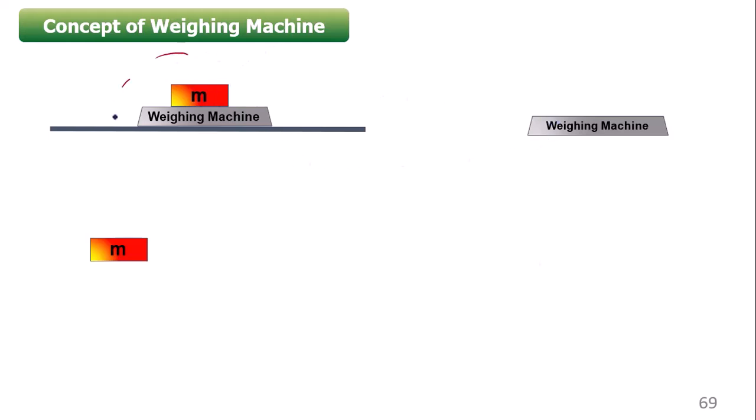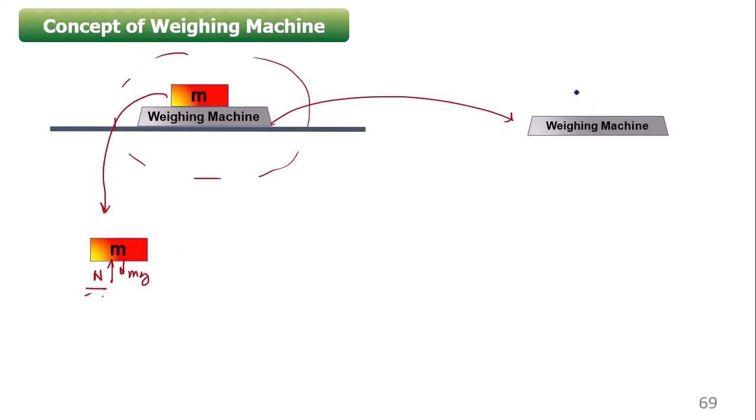If this is the system, now I break the system into two different components: the mass and the weighing machine. For the mass, the free body is mg acting downward, and normal on this m in this direction. Now this normal is coming on the weighing machine, so the weighing machine is measuring this normal. Once I calculate this normal, the reading of the weighing machine is normal by g.